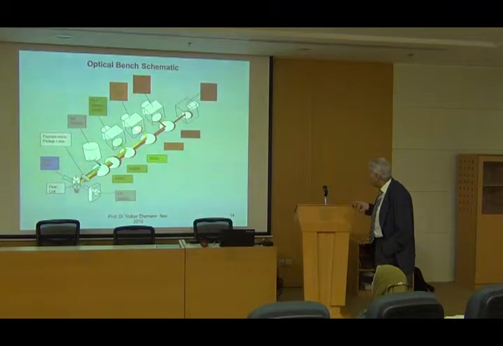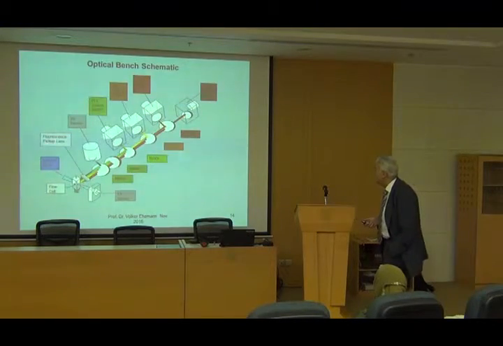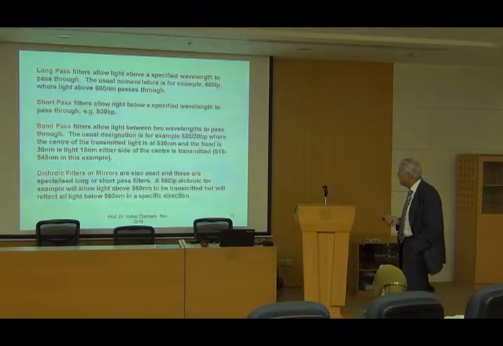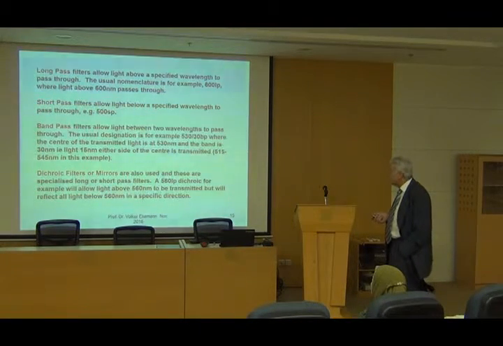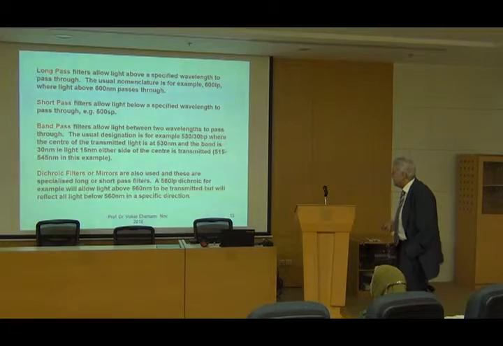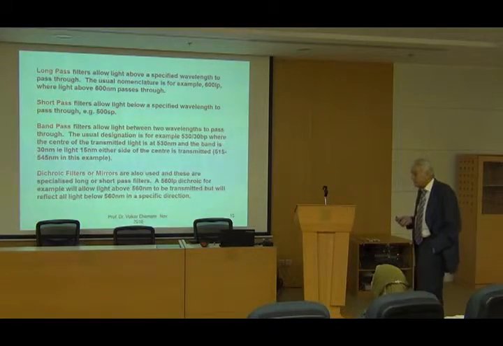The red or orange goes through this filter and is detected by the FL2, and the red color goes through this filter system and is detected by this photomultiplier. That means you have so-called long-pass filters, short-pass filters, band-pass filters, and dichroic filters or mirrors.